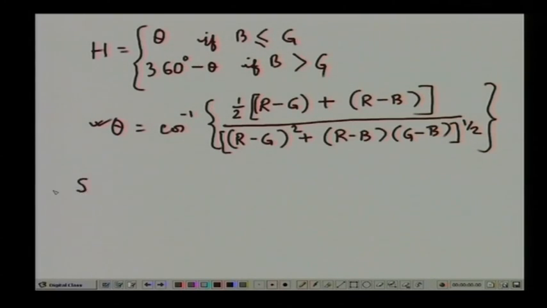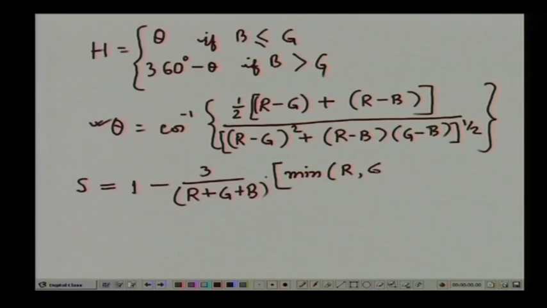Similarly, following the same geometry, we can find out that the saturation is given by 1 minus 3 divided by (R plus G plus B) into the minimum of R, G and B, and the intensity is simply given by 1/3 into (R plus G plus B).